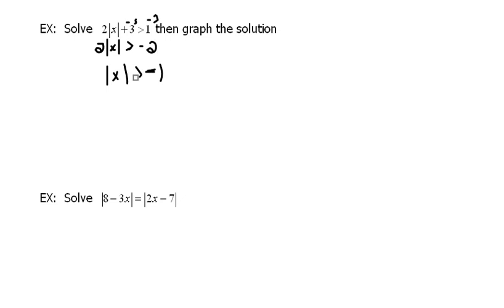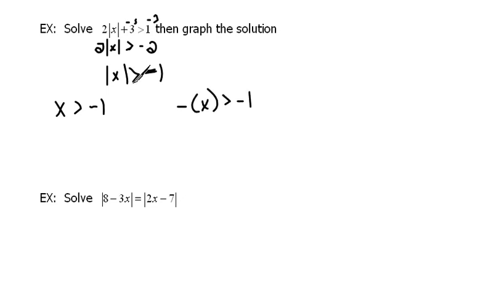Now here we can do this because we can have numbers that, once we take the absolute value, are larger than negative 1. They just can't be smaller because that wouldn't work. So let's pull this out and separate it out so that we can see what's happening here. We have either x is greater than negative 1, or we could also have the opposite of x is greater than negative 1.